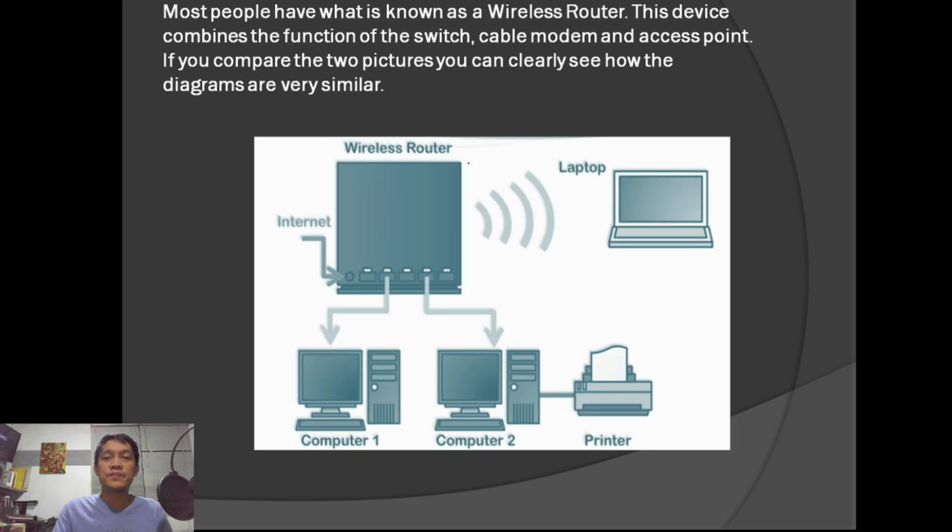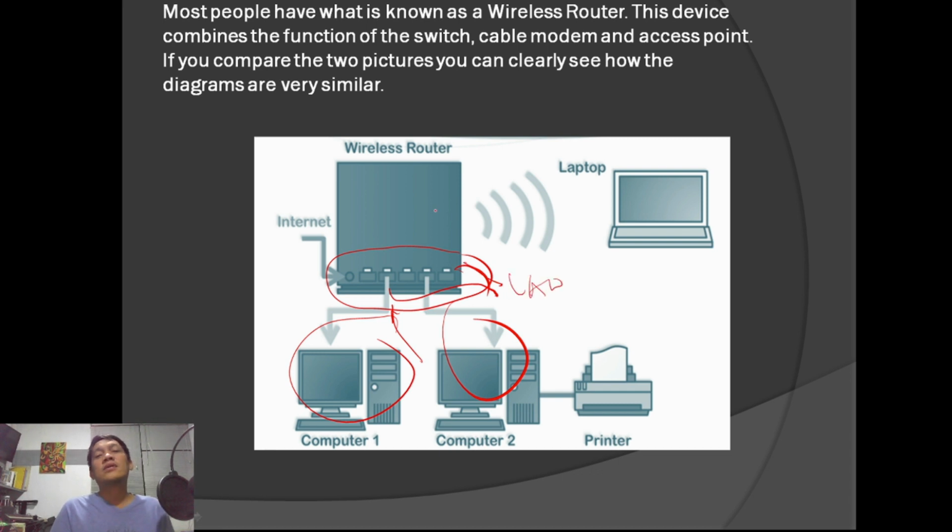Okay, or instead of using a wired network hub or network switch, you can use a wireless router. So basically, connect your computer to your router. Di ba yung mga routers nyo, mostly mga wireless router naman siya.